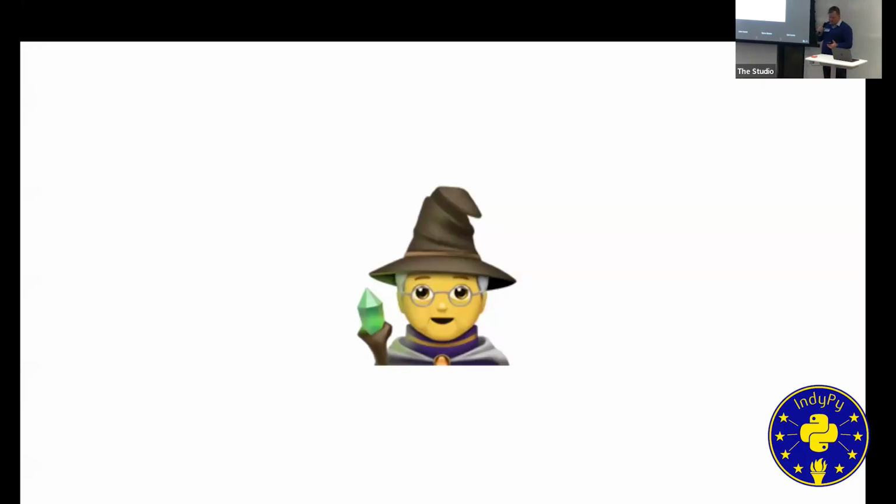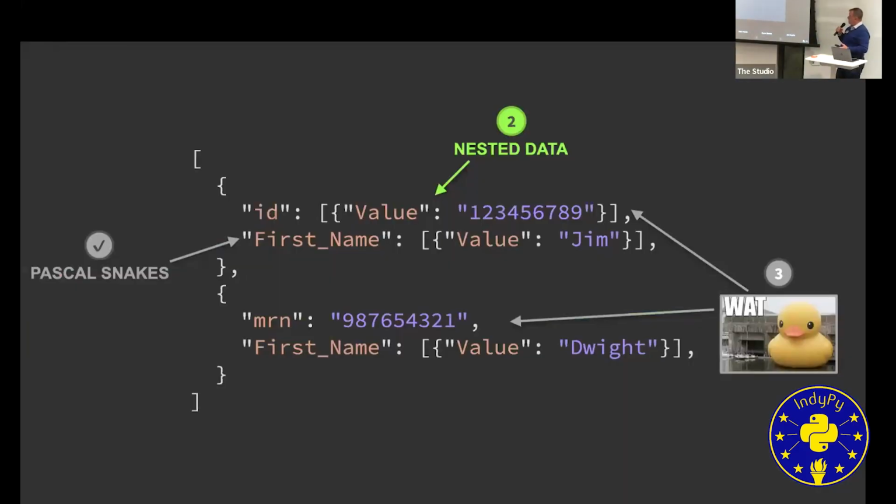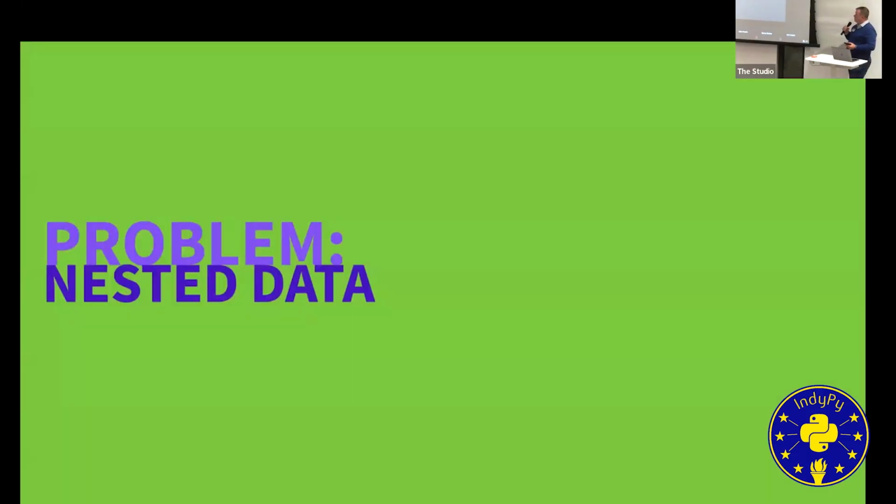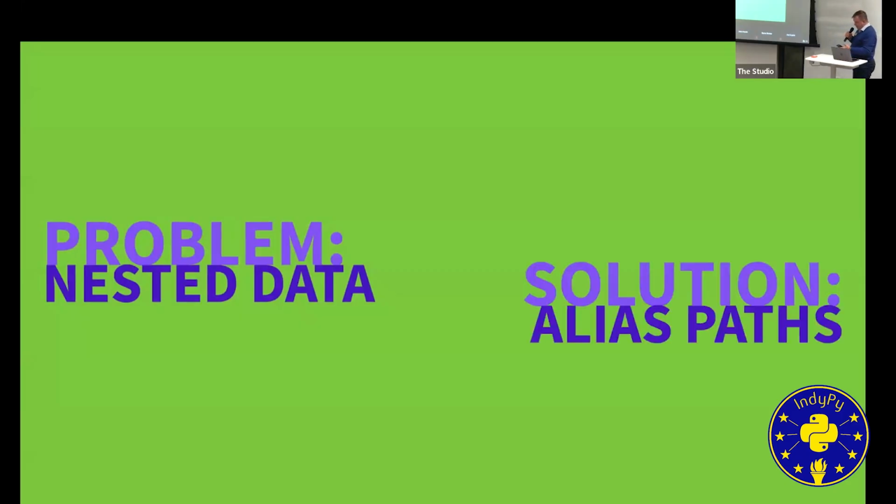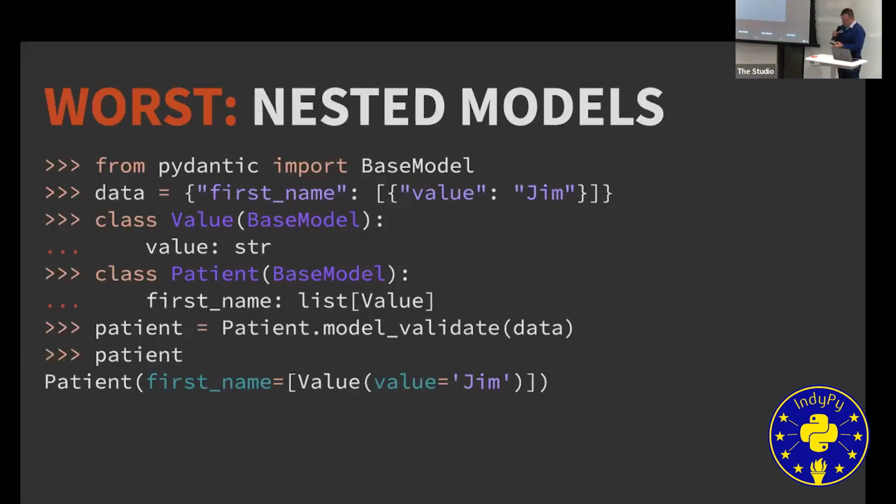Now, for our next spell, we're going to look at nested data. So what do we do when the data that we want isn't at the level in the data structure that we would like it at? Pydantic's solution should look familiar, as alias paths are adjacent to aliases.